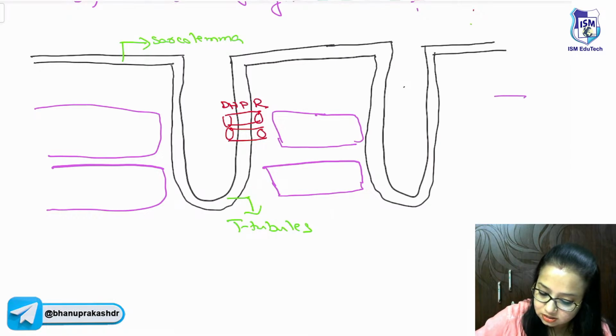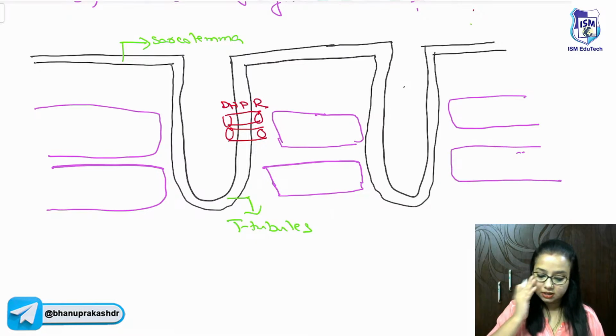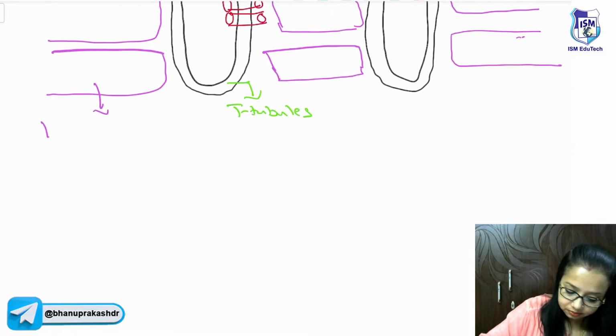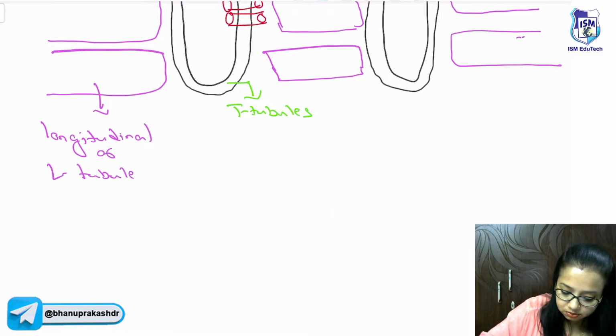Now, these tubules, which are longitudinally oriented, are called the longitudinal or L tubules.